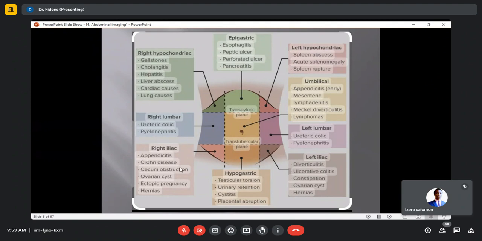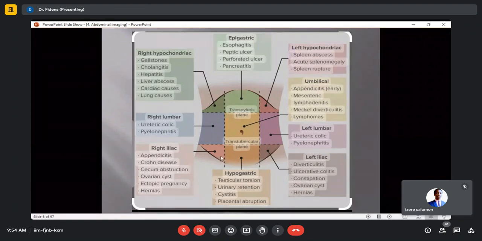Crohn's disease, especially that's involving the ileum and the colon, ascending colon, especially. You can think of cecum obstruction, you can think of ovarian cysts, as I told you, gynecologic causes, ectopic pregnancy, and even hernia.